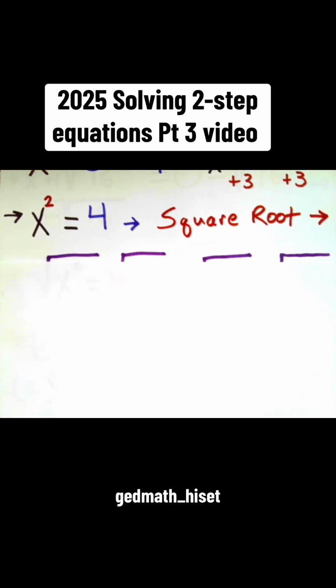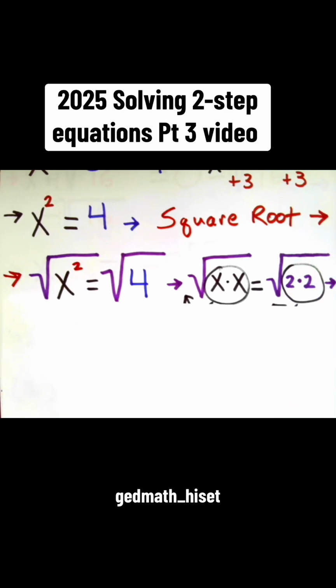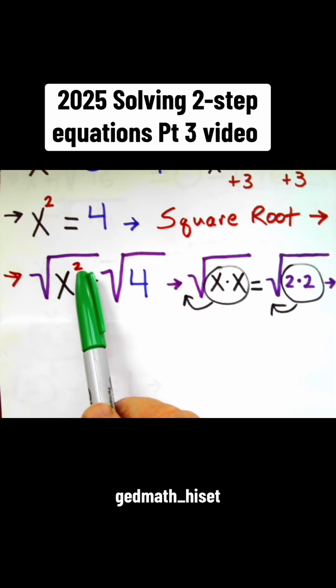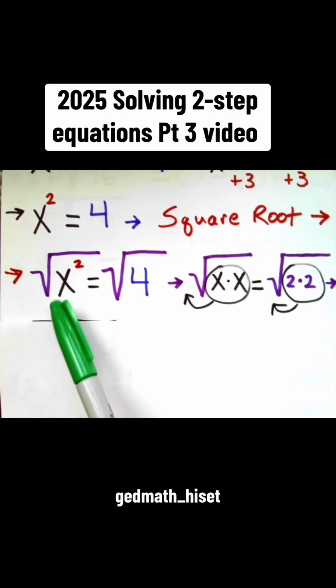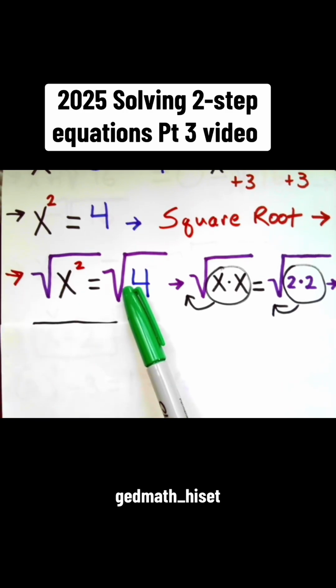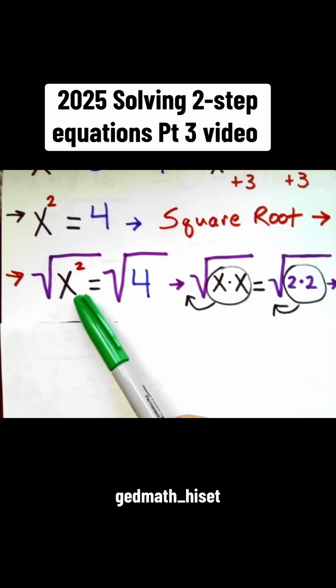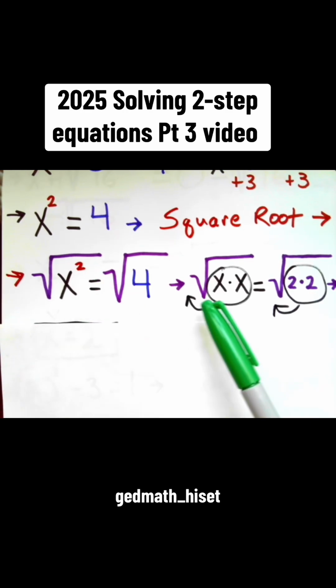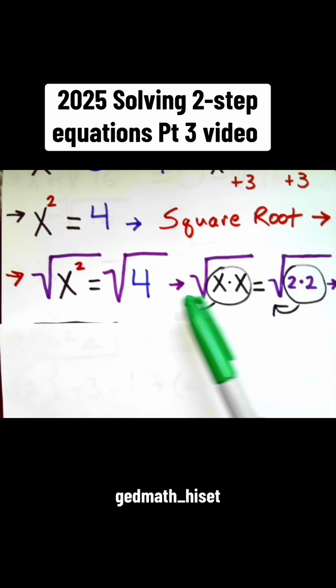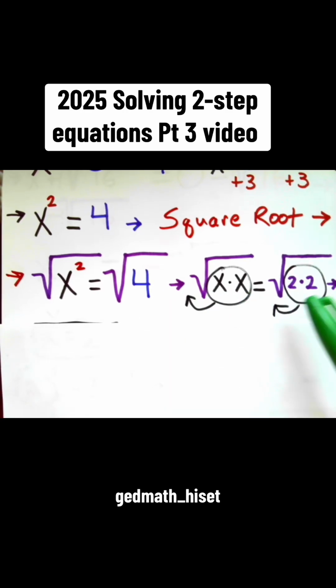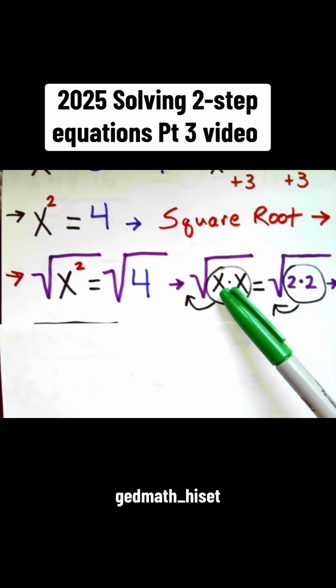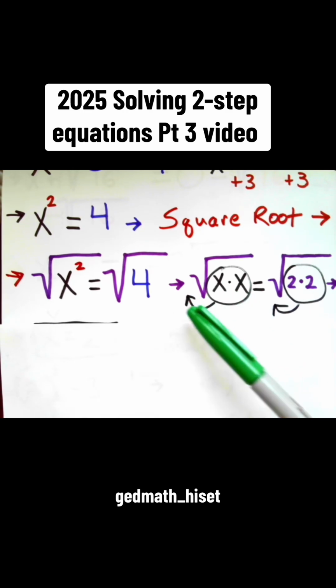Okay, here we go. I'm going to show both of these steps together. So the opposite of the power of 2 is the square root. What I do to the left side, I'm going to do to the right side. I'm simplifying this x to the second power, which simply means x times x. And of course, 4 is a perfect square, 2 times 2. Now I need a perfect pair to pull one value out.